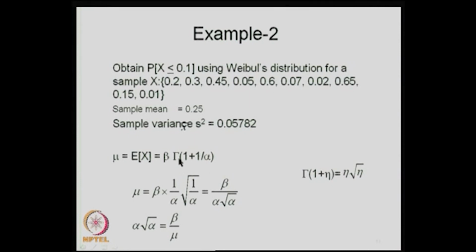That is the relationship we use here, and write it as beta into 1 by alpha times gamma of 1 by alpha, which turns out to be beta divided by alpha, times gamma of alpha. So, alpha times gamma of alpha is equal to beta by mu from this expression.